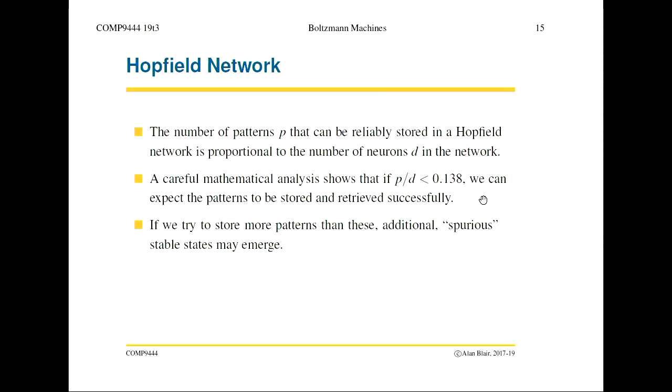So if the images are 32 by 32, like the MNIST images, that's about 1,000 pixels, and the number of patterns we normally would try to store in there is 138. If we try to store 138 images, it'll probably be successful. If we try to squeeze more images in there, it will fail.